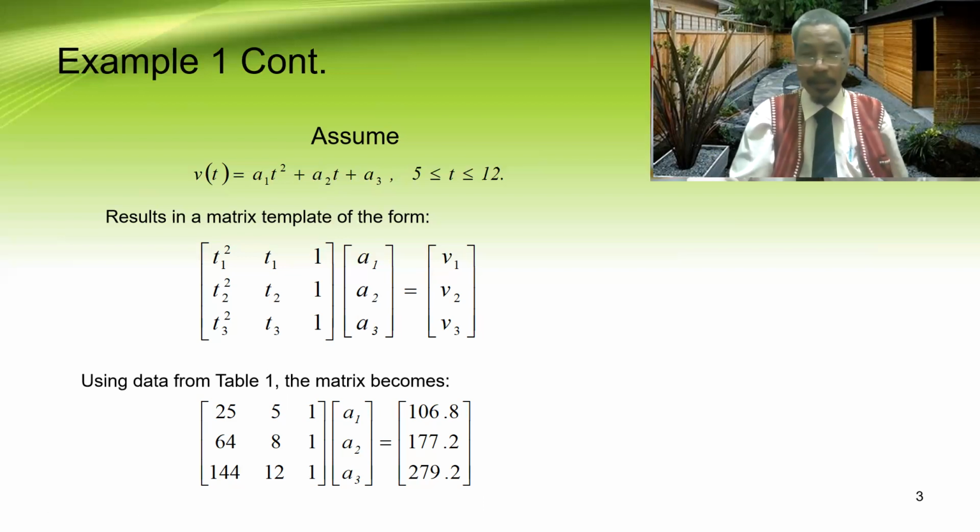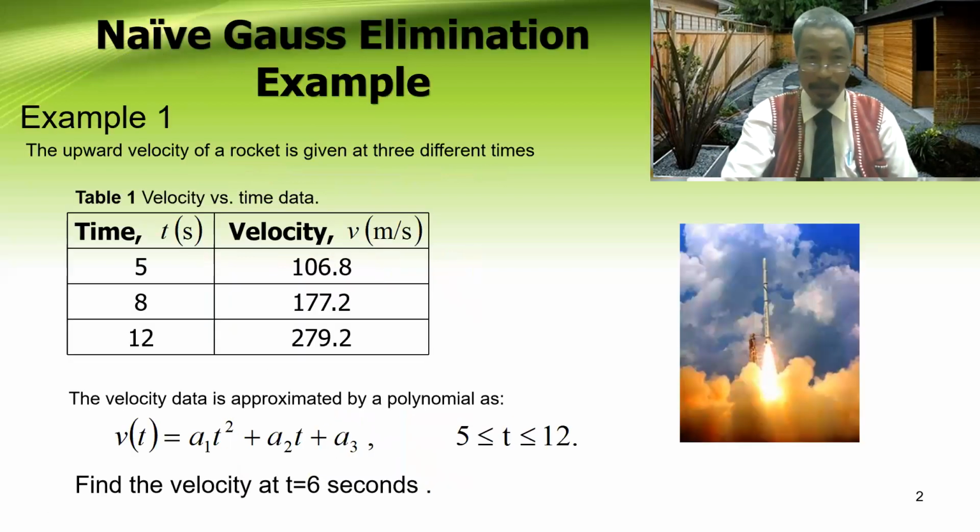So this problem is actually about finding the model. Find the velocity at t is equal to 6. We don't know it yet. If we are able to find the model, then it is very easy to substitute t is equal to 6 and find the velocity corresponding to that.